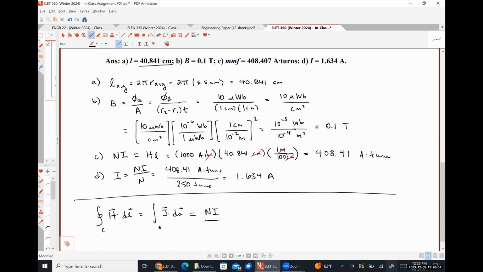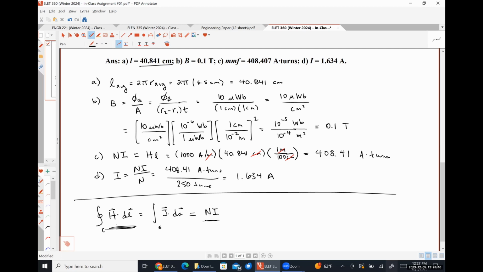So we have Ni is equal to this business over here on the left. Well, the integral of H dotted into dL is just going to be H times L, because our magnetic field intensity is in the same direction as our contour, right?